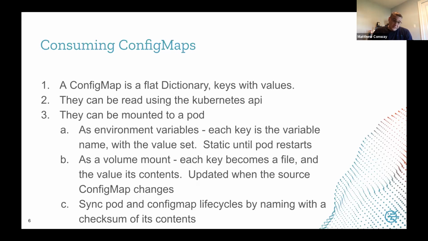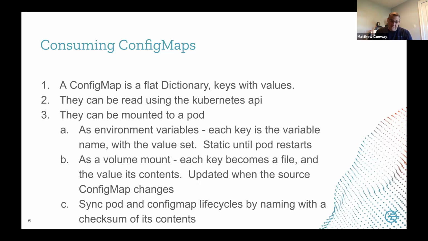The other way you can use config maps with your pod is as a volume mount. So rather than putting them as environment variables, each of those key value pairs become files in a file system that you're mounting to the pod. So each key becomes the file name, and the value becomes the contents of that file.